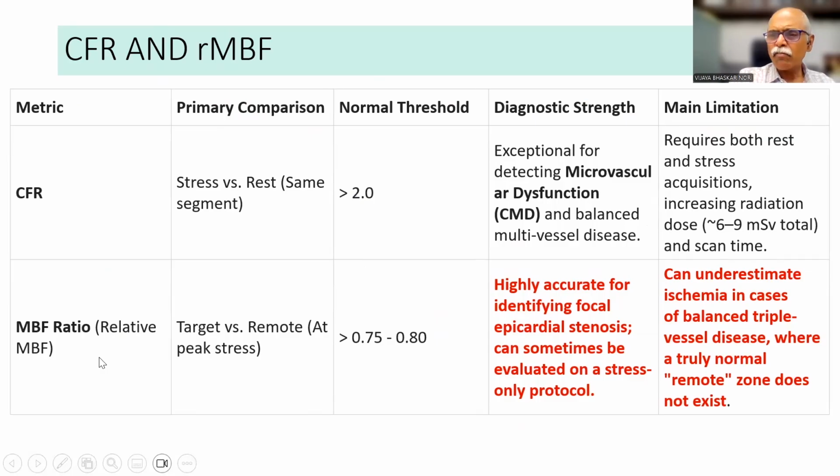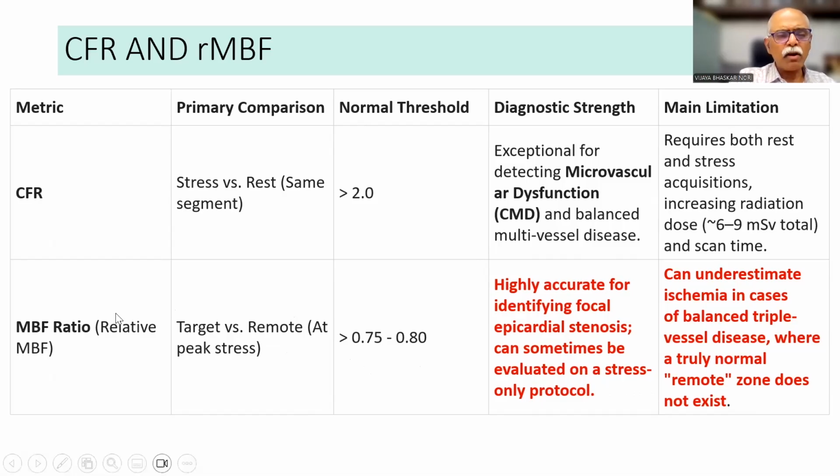Now, the myocardial blood flow ratio, also known as relative myocardial blood flow, is where you take the target segment myocardial blood flow versus presumed normal remote myocardial blood flow at peak stress, and normal is more than 0.75. If it is less than 0.75, that means it is definitely significant stenosis.